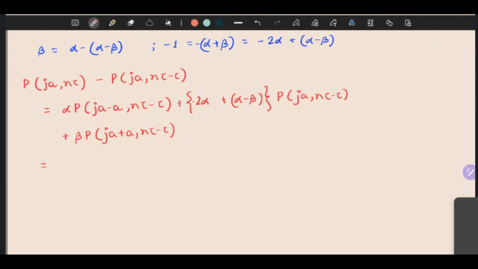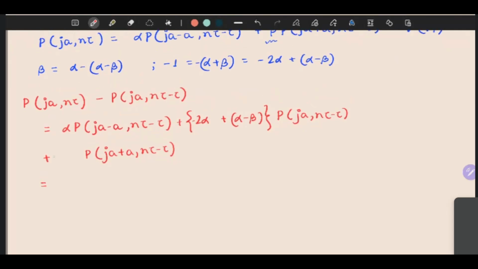Then this term will be alpha plus alpha minus beta. Now you write all the alpha in the same term.